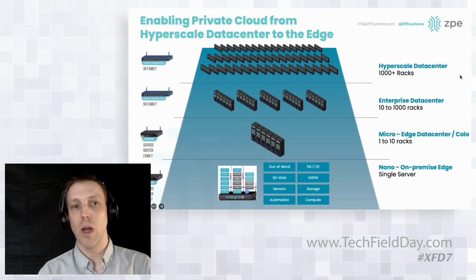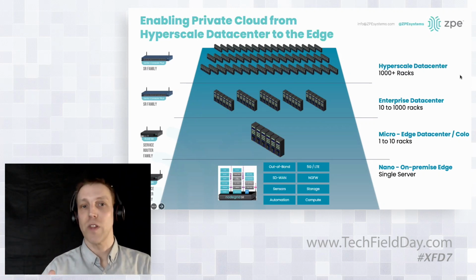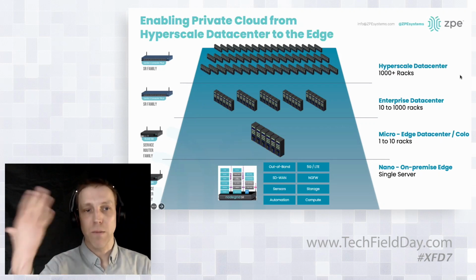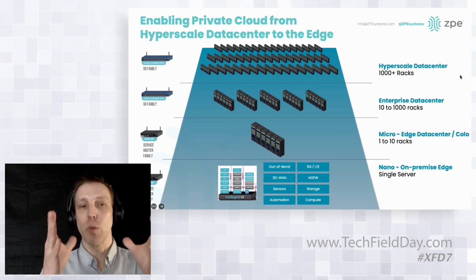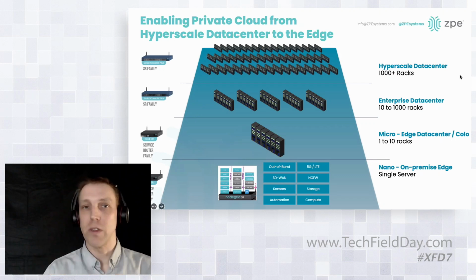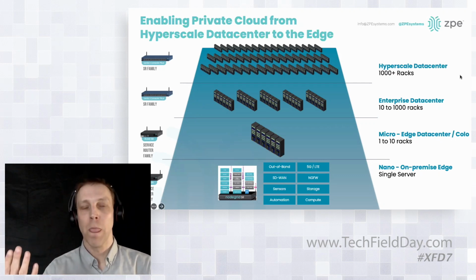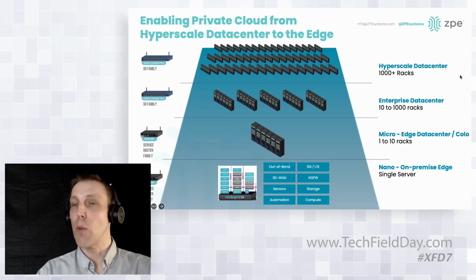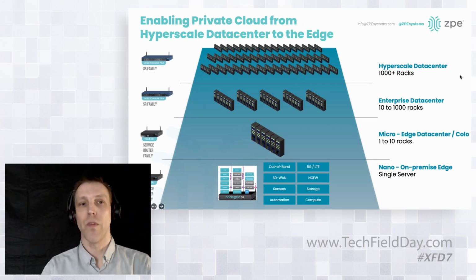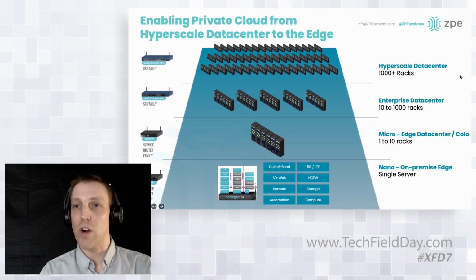So we have multiple products. Karouche mentioned that already a little bit in his part of the presentation. Essentially, we have hardware which fits in any of these categories. What the devices have is they run the same operating system stack. They provide the same level of functionality.